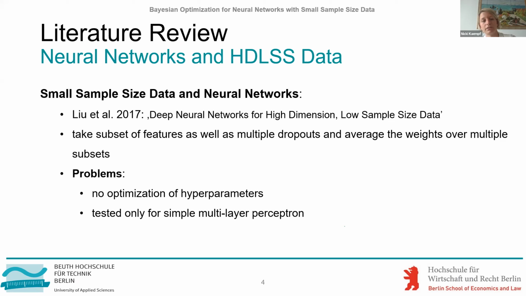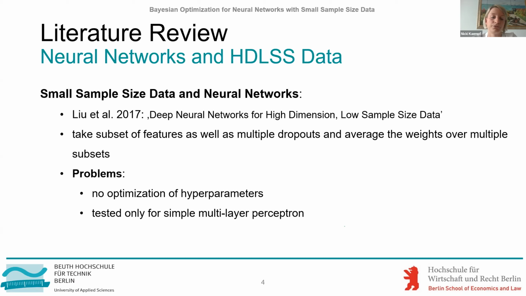What they do is they take a subset of these features and put it into a multi-layer perceptron, and they also use multiple dropouts. And then they repeat this time and time again. In the end, they average the weights that they get over these multiple subsets of features and trainings of the MLP. However, there are some shortcomings to this approach.